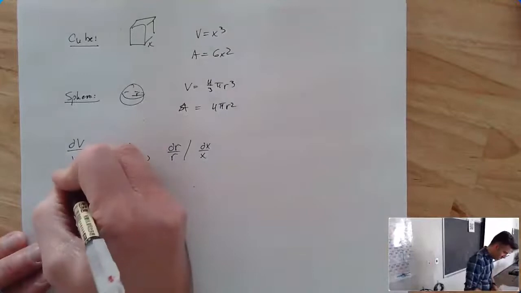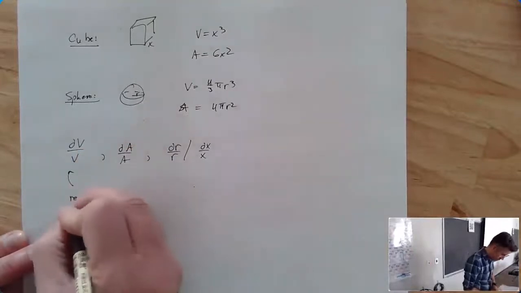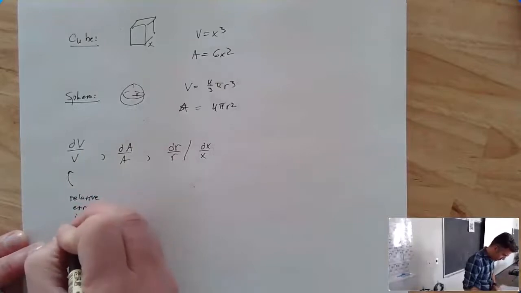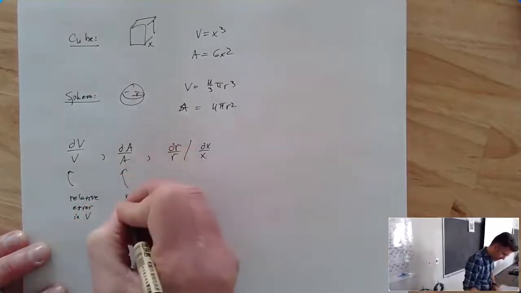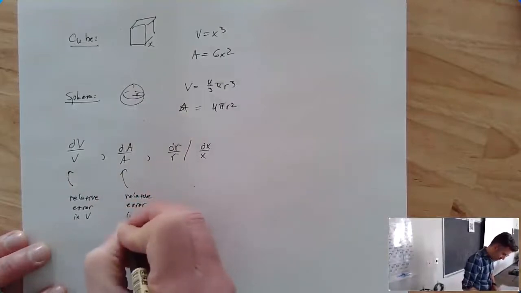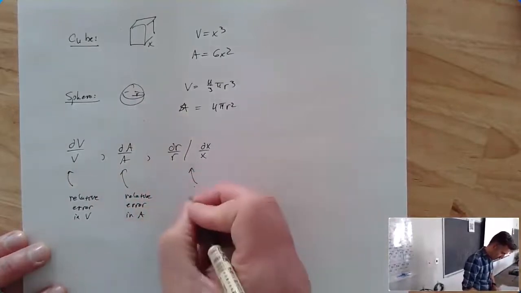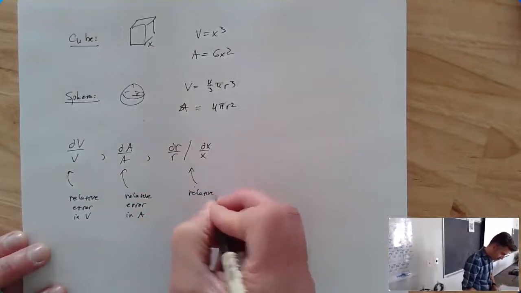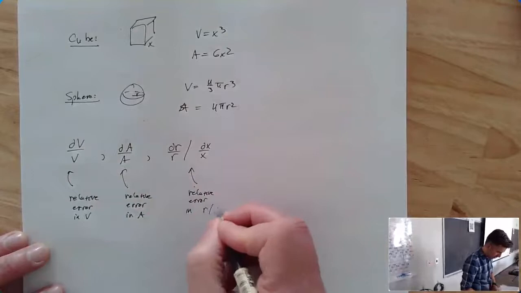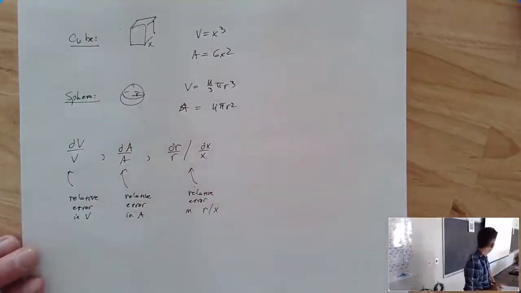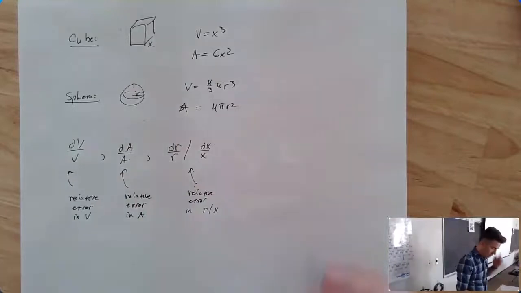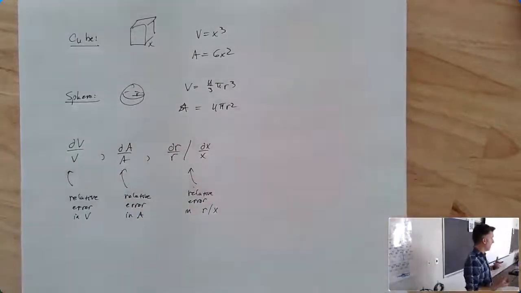So that's the relative error in volume, and that's the relative error in your measurement of the area. And that right there is the relative error or percentage error in the measurement of your radius or your x, whatever you want to call it. And so typically that's what we're given. We are usually given one of these and asked to find another one.